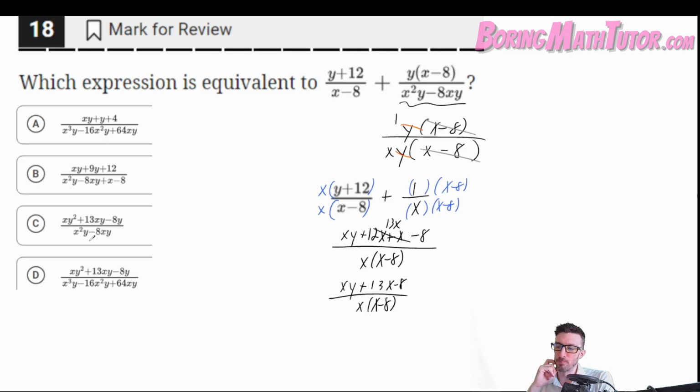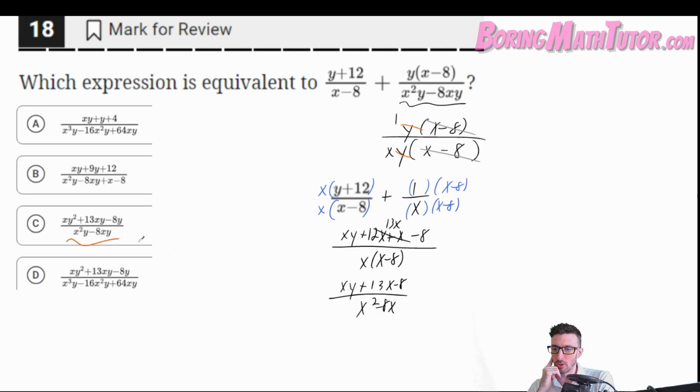But what I could do is take a look at this one. This one looks kind of similar to what I have. In fact, if I were to distribute over here, I'd get x squared minus 8x. This one is just all of that multiplied by y. So let me just replace this with x squared minus 8x.